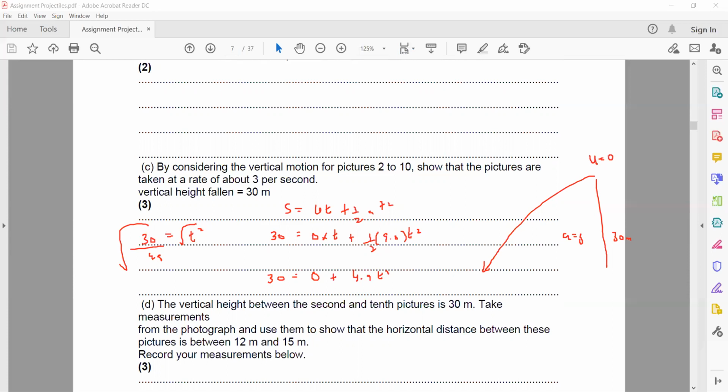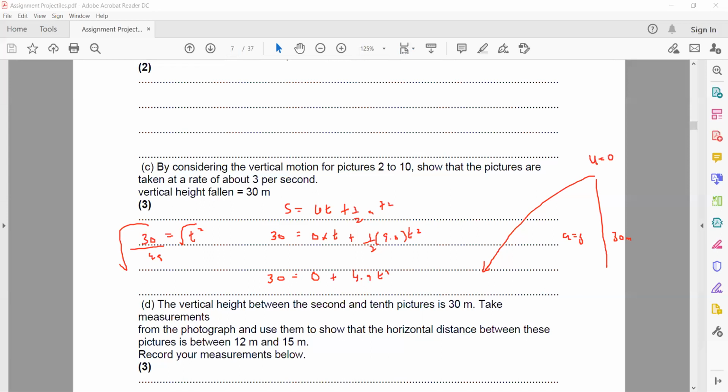30 divided by 4.9 in a square root. What's the answer? 2.5.